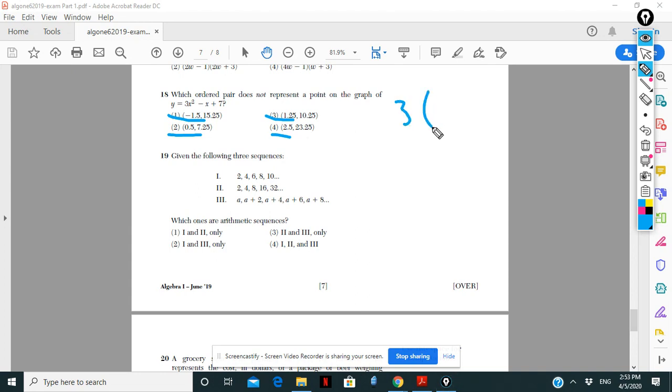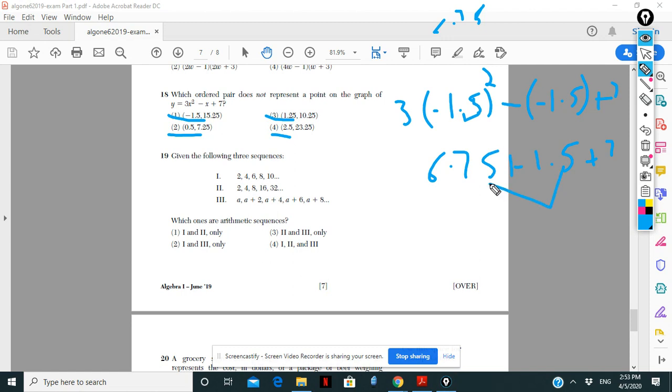So 3 times negative 1.5 squared minus negative 1.5 plus 7. So negative 1.5 squared is positive 2.25, times 3 is 6.75, plus 1.5 plus 7, that's going to be 15, so it's not that one.